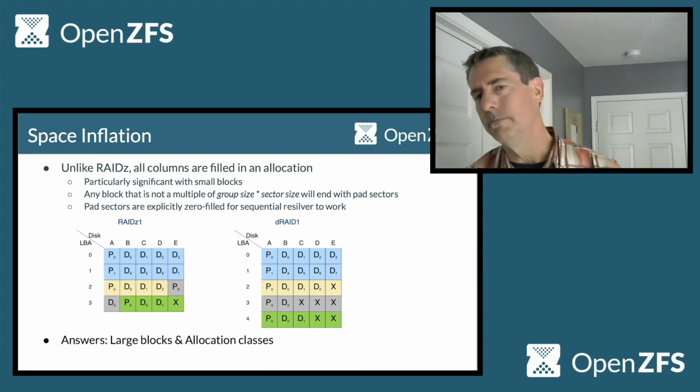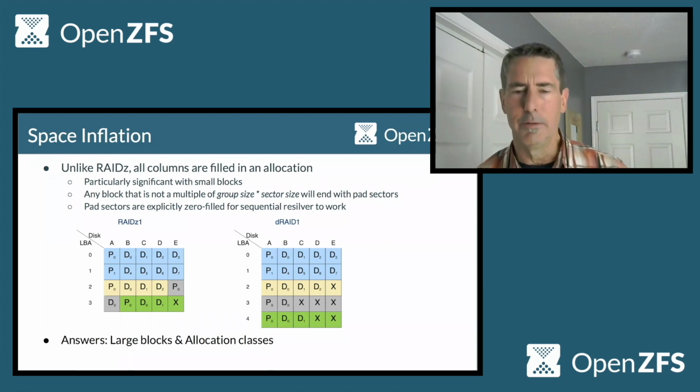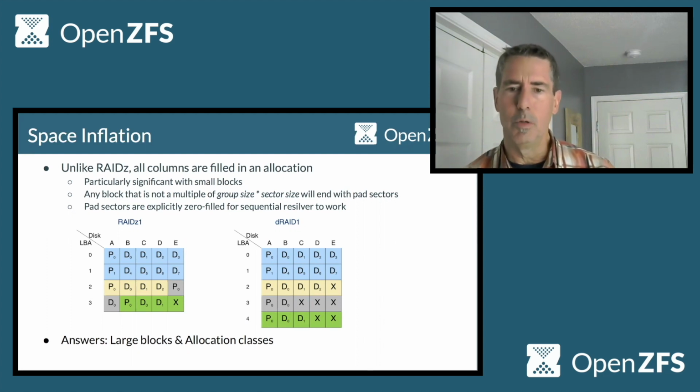So the answer here, it's not a perfect answer. Allocation classes go a long way towards helping here. So you can simply define some allocation classes, some additional capacity in your pool, and say, all right, small block data, metadata should be written out to these drives, which are configured in a more optimal configuration for smaller block data.